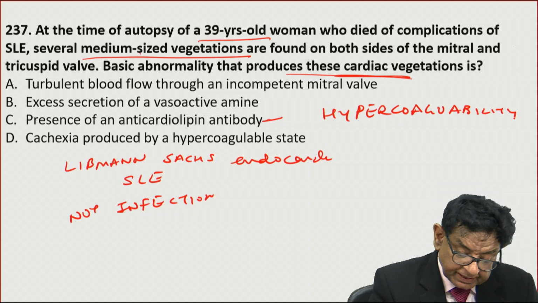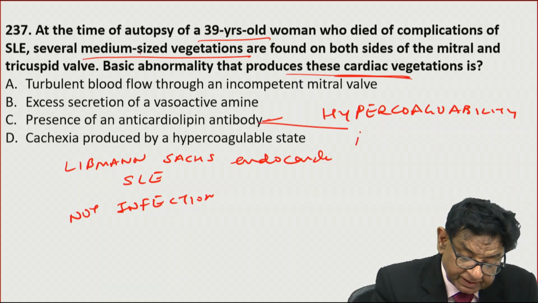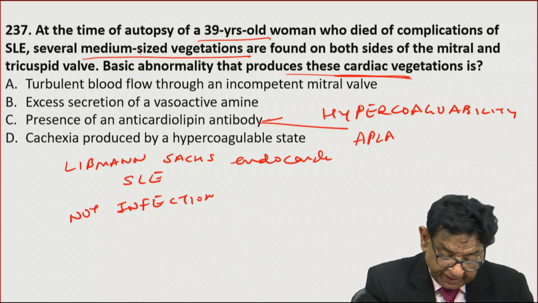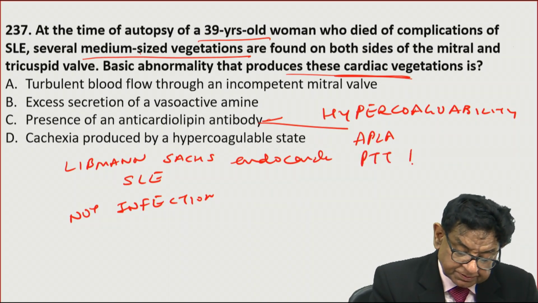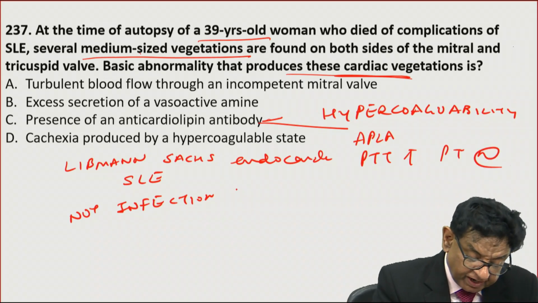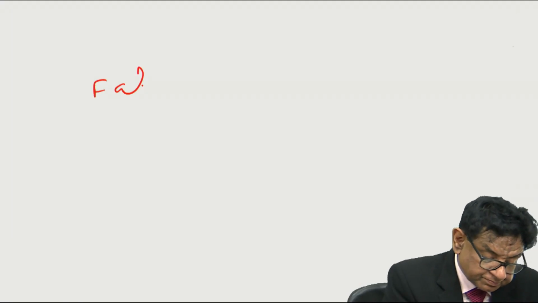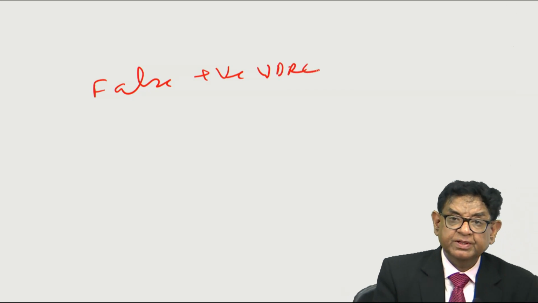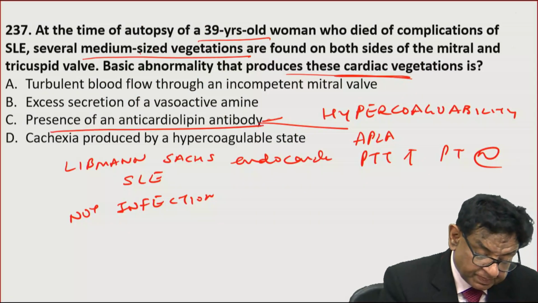And this is due to anticardiolipin antibody, because they have APLA syndrome. Anticardiolipin antibodies, APLA syndrome. Here, PTT is prolonged, PT is normal, and they may have false positive VDRL tests. Okay, hence the best answer to this question shall be C.